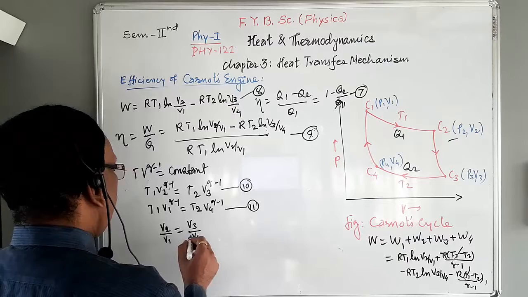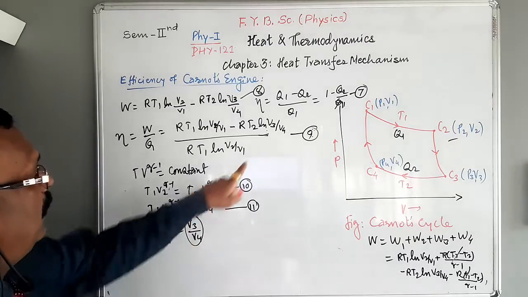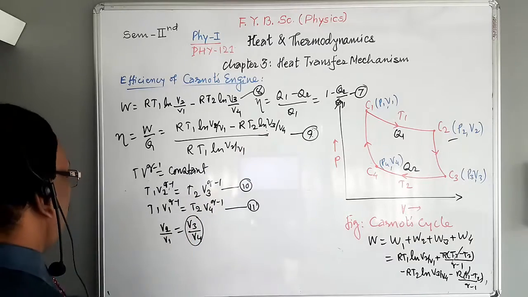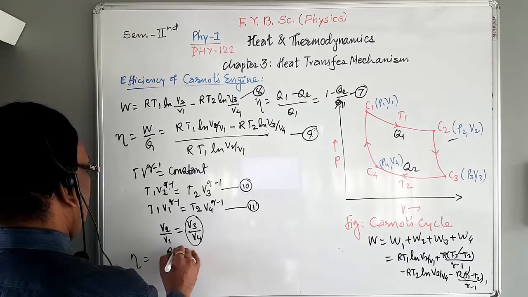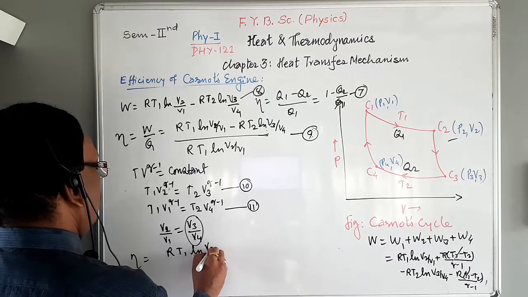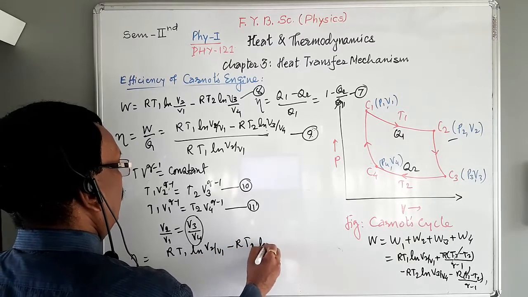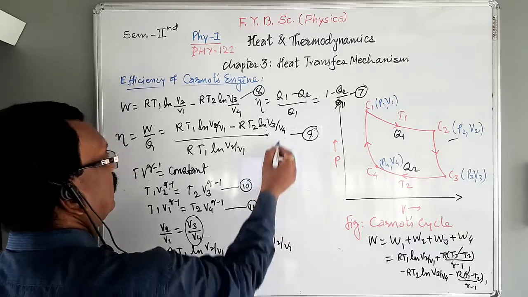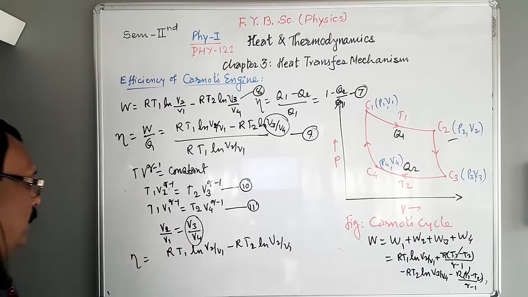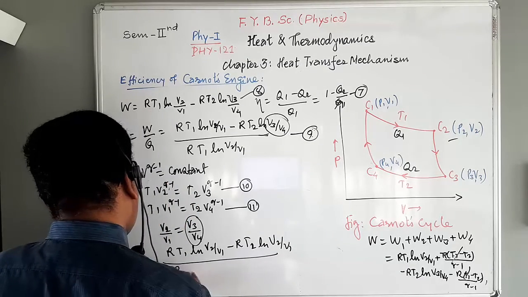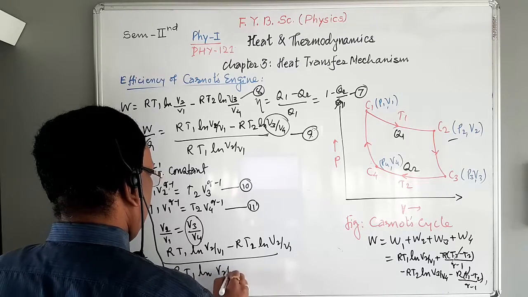Now we substitute the value of V3 upon V4 as V2 upon V1 in this equation. After substituting, we get eta is equal to R T1 ln V2 upon V1 minus R T2 ln V2 upon V1, divided by R T1 ln V2 by V1.